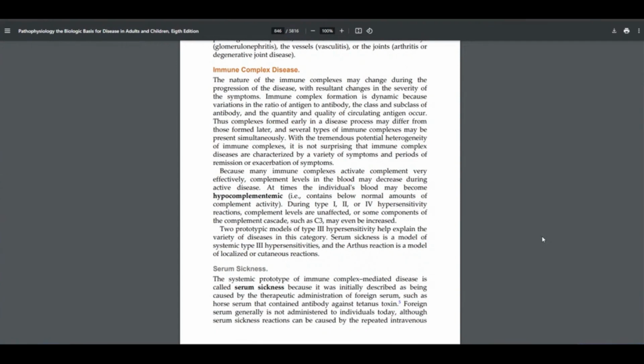Two prototypic models of type 3 hypersensitivity help explain the variety of disease in this category. Serum sickness is a model of systemic type 3 hypersensitivity, and the Arthus reaction is a model of localized or cutaneous reactions.